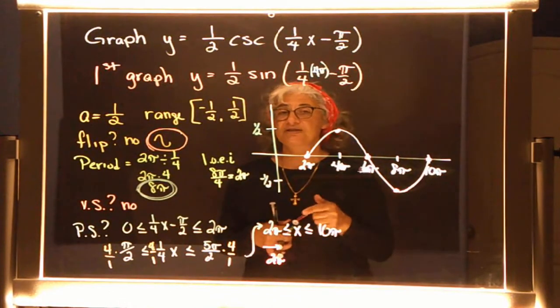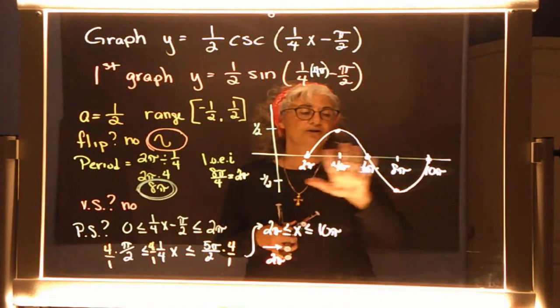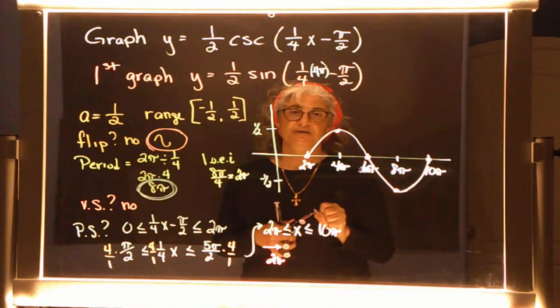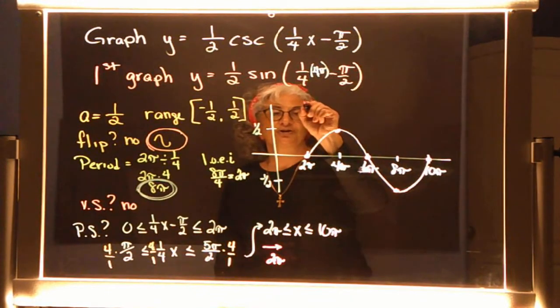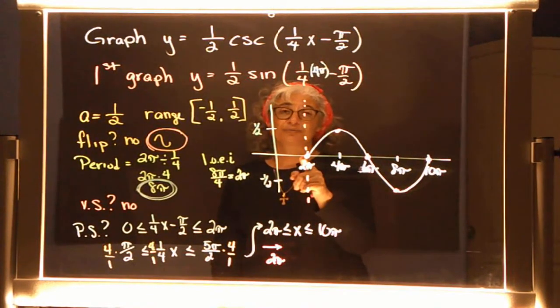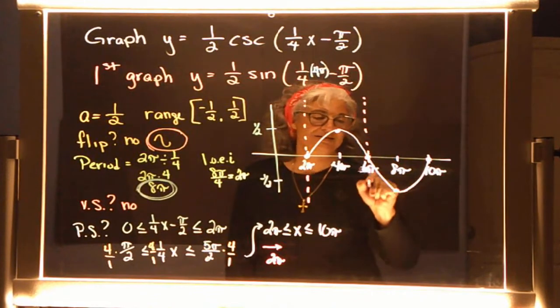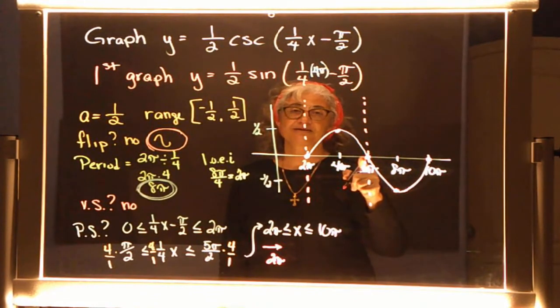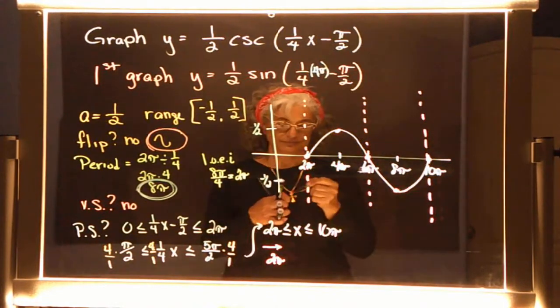Do you remember the cosecant graph has asymptotes? Vertical ones, correct? Where do you think your vertical asymptotes are going to be? Good, right at those zeros. So I know at pi over 2 is a vertical asymptote, because I take the reciprocal of 0, I get undefined. The same at 6 pi. Take the reciprocal of that 0, undefined. Same at 10 pi, right? Okay.